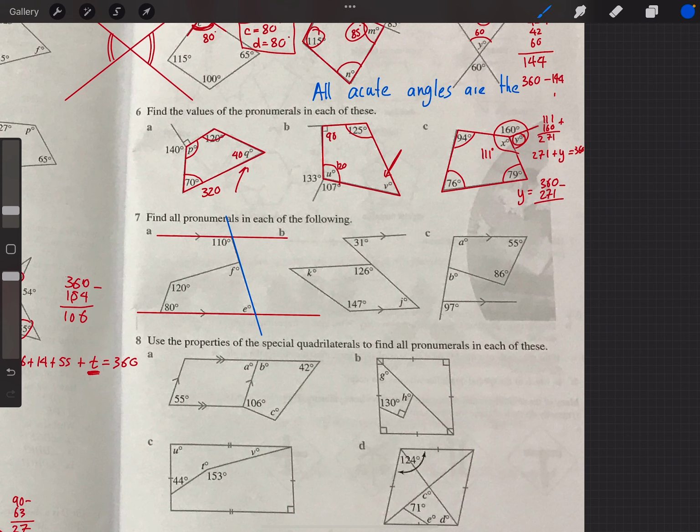Oh, I have no space. All obtuse angles are the same. Any acute plus obtuse is equal to 180.